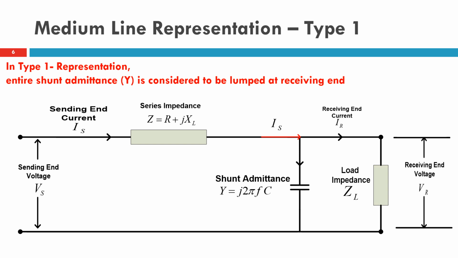One is the receiving end current going to the load impedance, and the second flows through the shunt admittance, which we call the charging current IC. Again, the sending end current flows through the entire 250 km series impedance and reaches the receiving end, where it divides.